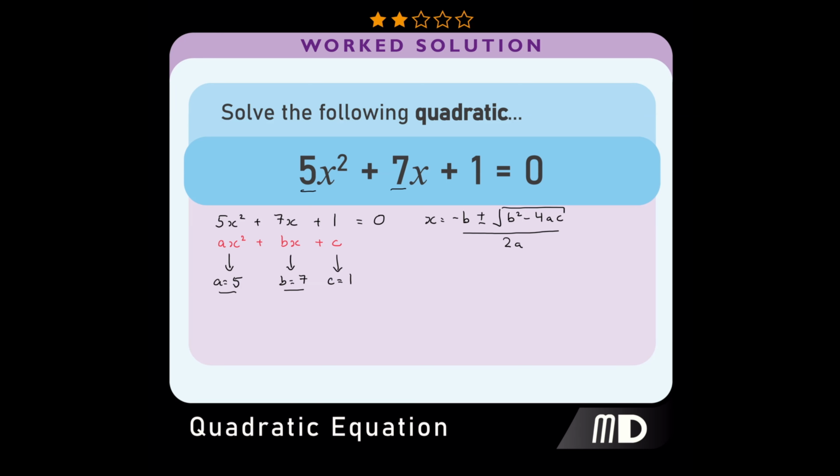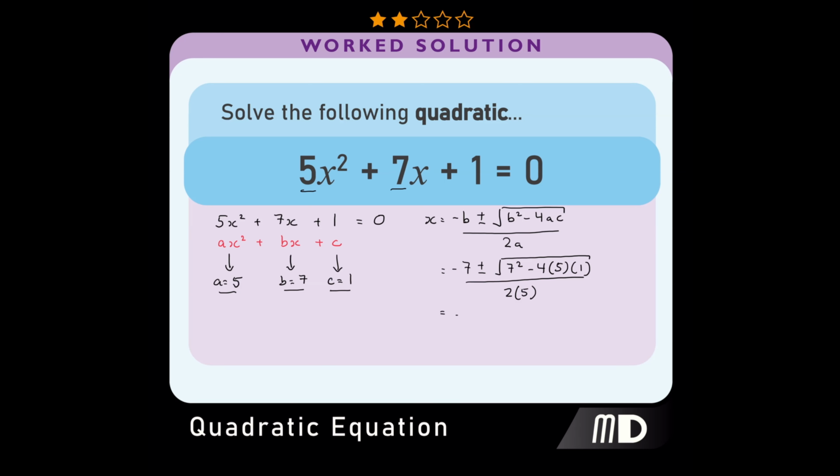We can substitute our values of a, b and c into this to give us minus 7 plus or minus the square root of 7 squared minus 4 multiplied by 5 multiplied by 1, all divided by 2 multiplied by 5.